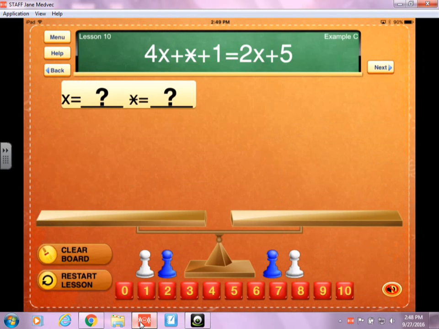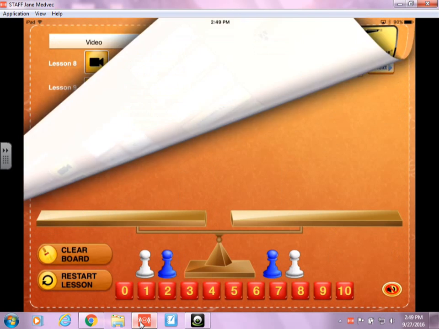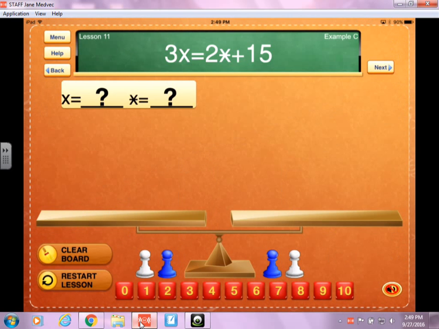Here's the problem. 4x plus star plus 1 equals 2x plus 5. I'm sorry, it's less than 10. My bad. Go back to 11. Thank you for catching that. All right, 3x equals 2 star plus 15.